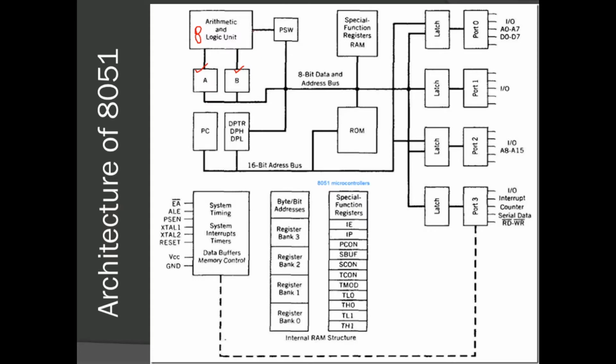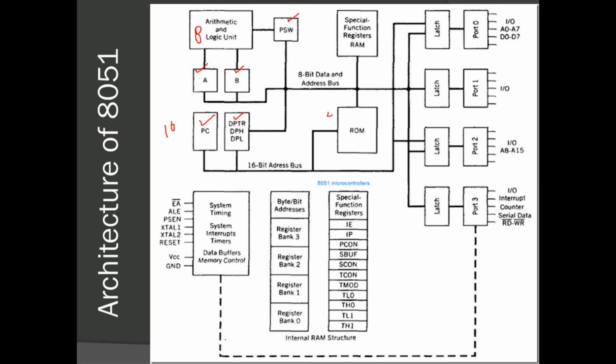Then the output is also connected to PSW, called the program status word. It has different flags, and the flags change based on the result of the operation in the ALU. Along with that, we have two 16-bit registers, a program counter and DPTR, which is the data pointer register.